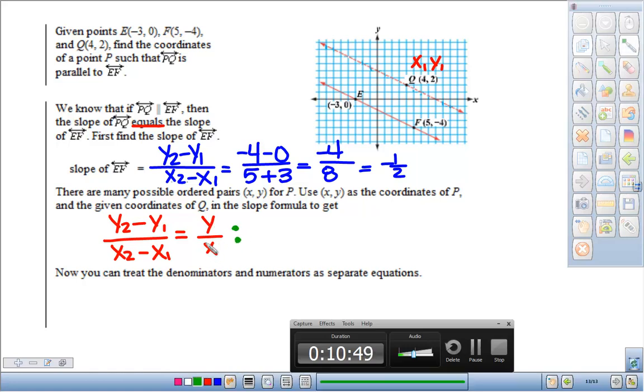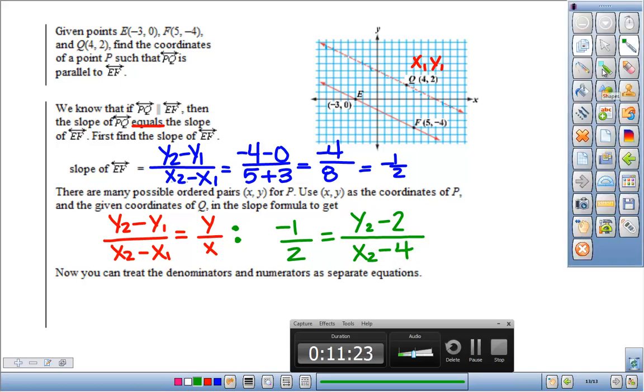I want my slope to be negative 1/2. You need to choose where to put the negative. It can go on top or bottom. I'm just going to go with the top. So we want our slope to equal, on top, y2 minus y1. Well, we know y1 is the number 2. So our missing piece minus 2, our missing piece minus x1, which is 4.